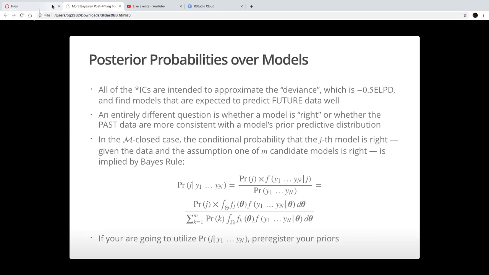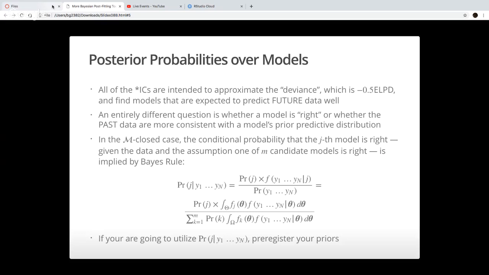So the stuff that we did for information criteria corresponds to the so-called M-open case, where you're agnostic about whether any of your models actually corresponds to the real data generating process, and you're just trying to seek a model or a weighted sum of models that is expected to predict future data as well as you can according to this utility function, without any judgment as to whether one or none of the models is true.